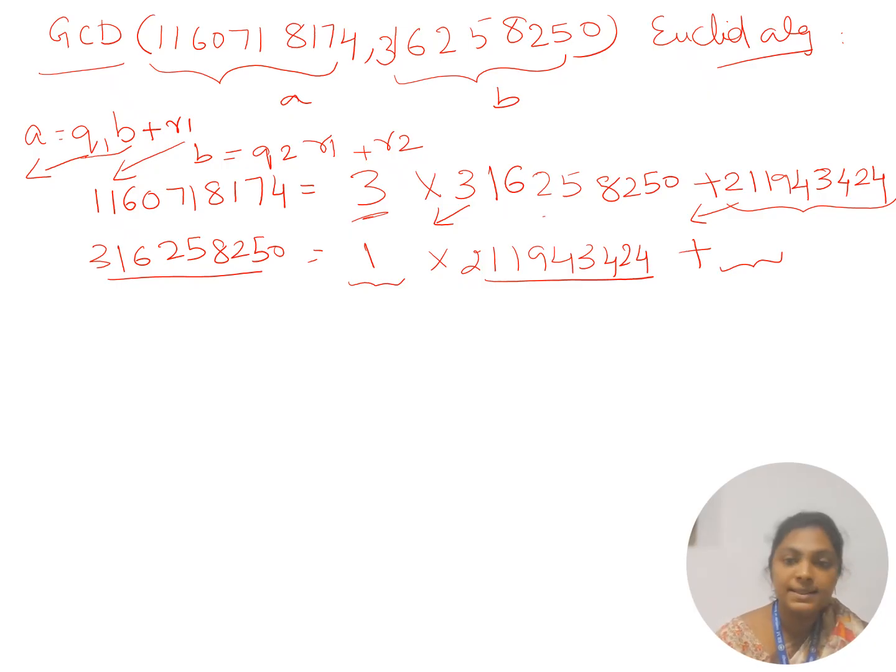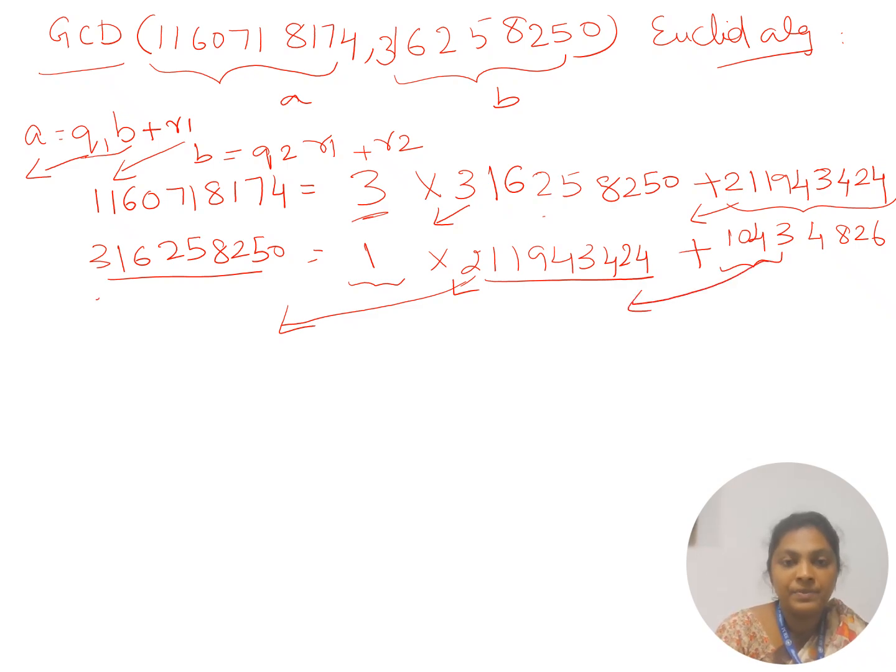The quotient is this and the remainder is 104314826. Okay. Now this becomes the new A value and this becomes the new R value. That is, this will go there and this will come here.